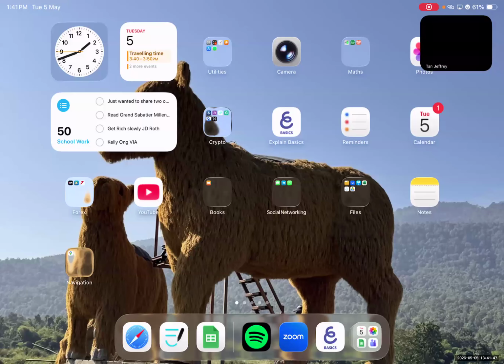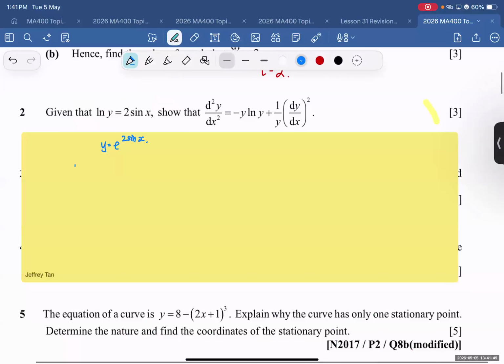So what I did is I literally find the right hand side. The right hand side, right? Supposedly is negative y ln y plus 1 over y dy dx square, right? So you take that right hand side and work. Take left hand side and work.